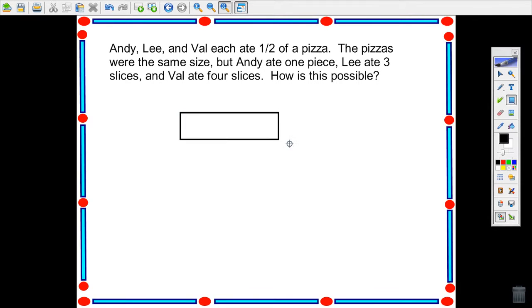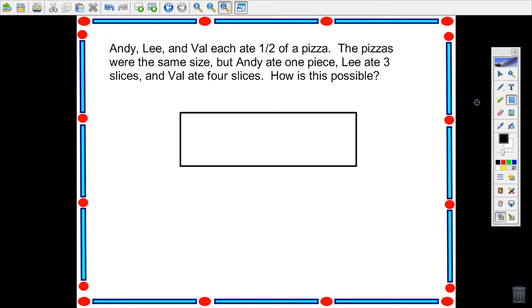So just for this purpose, let's pretend it was a rectangular pizza. They each ate half the pizza. So there's my half of the first pizza.